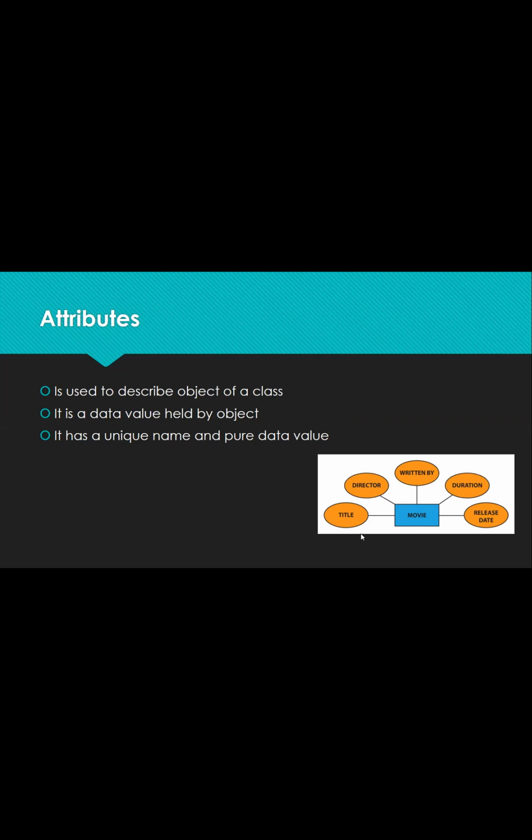Likewise we keep adding data values, and whenever we run the program we can use these data values. Each one has a unique name: title is a unique name, director is a unique name, written by is a unique name. Under these we will have pure data values. Not every movie is directed by the same director, so there will be different directors, isn't it?